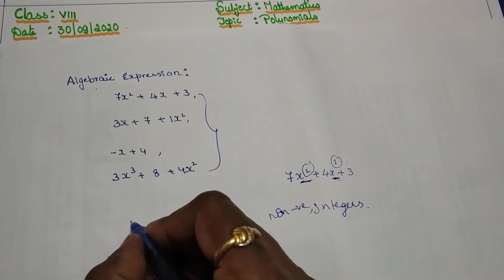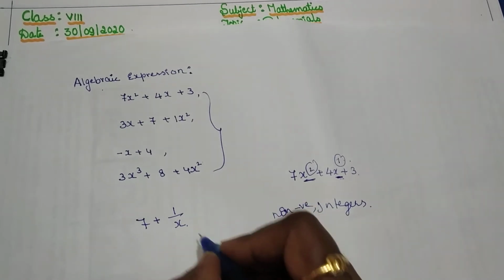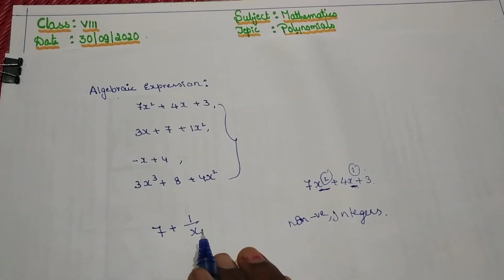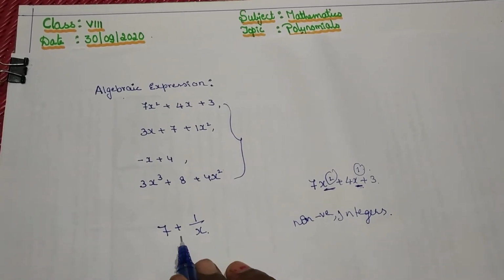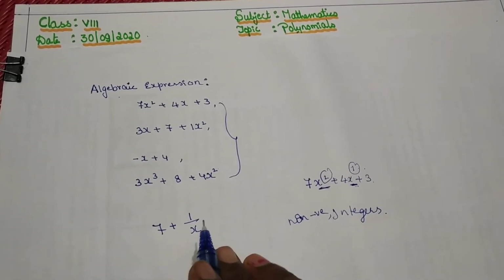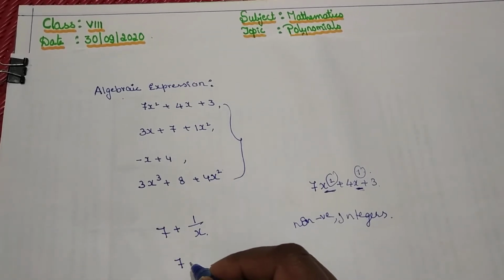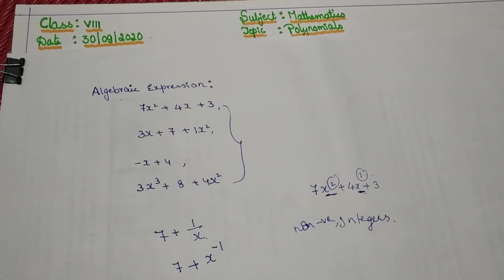Now if I write the example 7 plus 1 by x, is it an algebraic expression? Yes, it is an algebraic expression. But can I say this algebraic expression is an example of a polynomial? No, because 7 plus 1 by x can be written as 7 plus x to the power of minus 1.